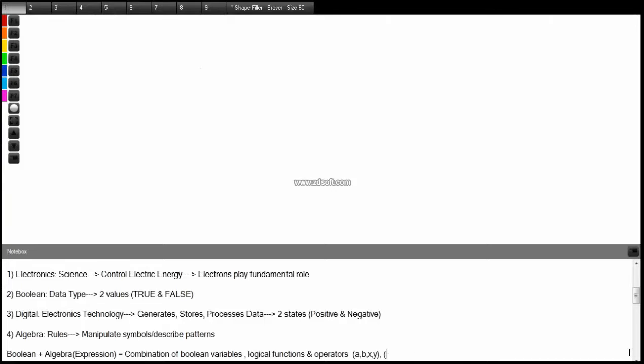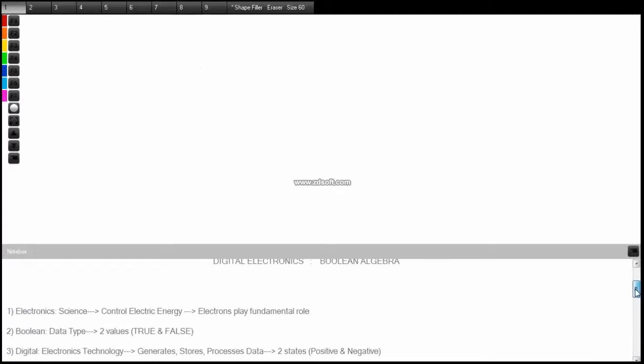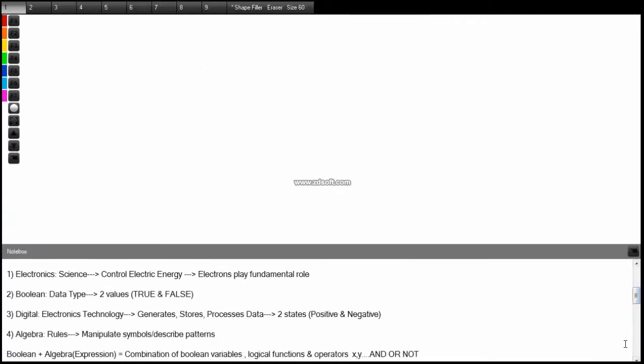These Boolean variables can be anything, either x, y, anything. And what are our operators? We have basically three operators: and, or, and not. And is known as logical multiplication, or is known as logical addition, and not is the complement.